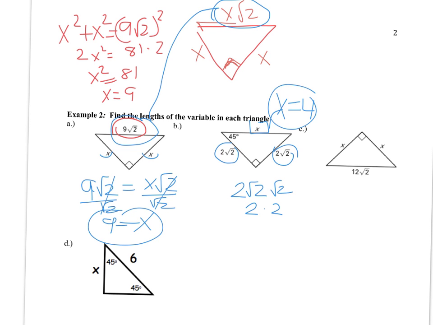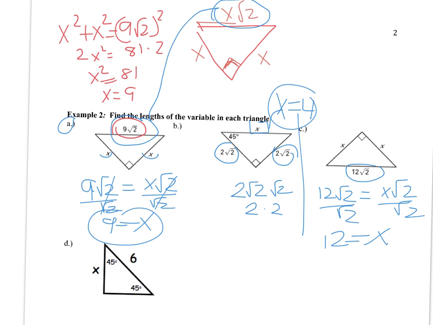In part C, C is almost like A was, so C is telling me this is the hypotenuse, and I set that equal to x radical 2. Divide by radical 2, and x equals 12. So each of these sides are 12.